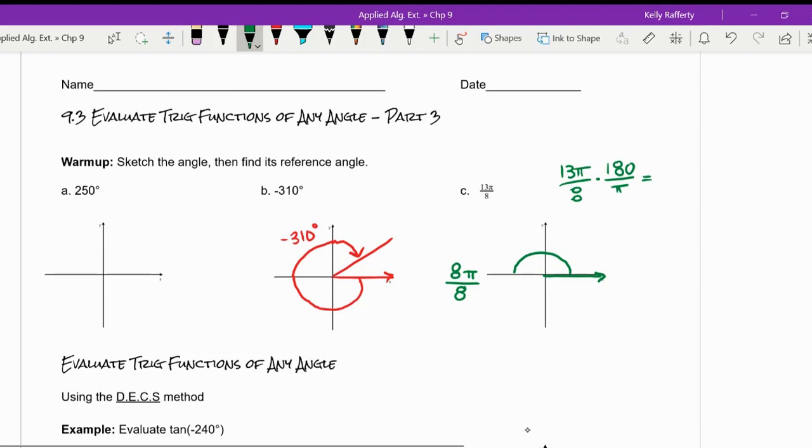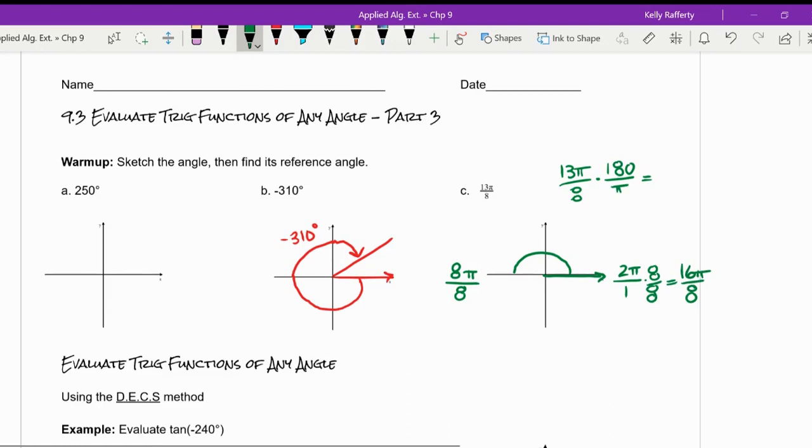So if I went all the way around my circle, that would be 2 pi. So let's do the same thing. Let's get a denominator of 8 to compare. So I'm going to multiply by 8 over 8, and that gives me 16 pi over 8.